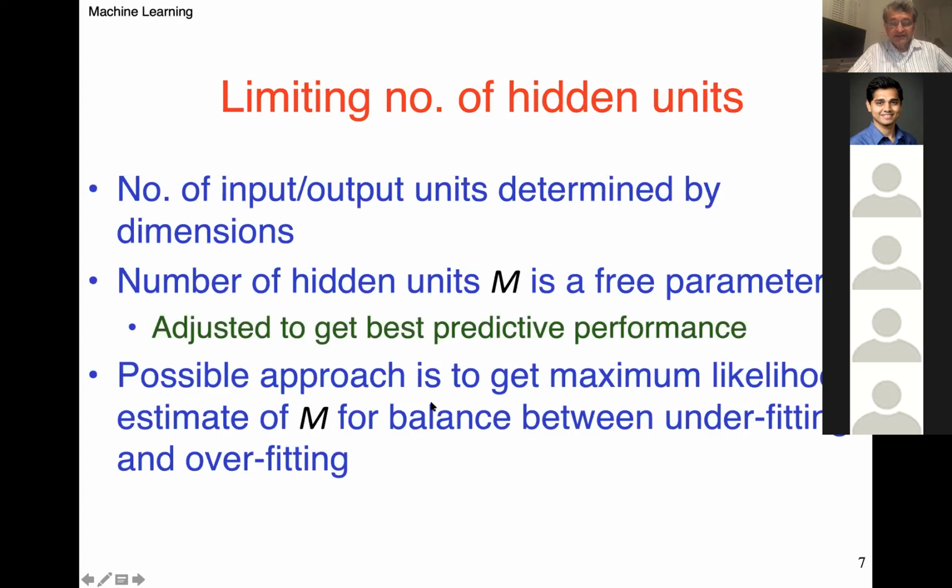So in a way that can be used as a way of determining this hyperparameter, the number of hidden units. A possible approach is to get a maximum likelihood estimate of M for balance between underfitting and overfitting. It's interesting that it is possible to get some kind of an estimate for the number of units itself as a mathematical formulation.